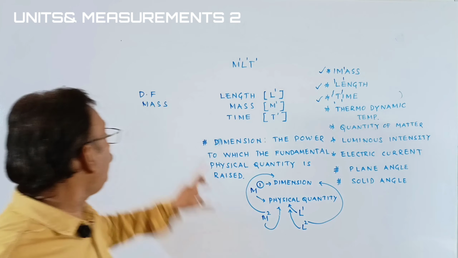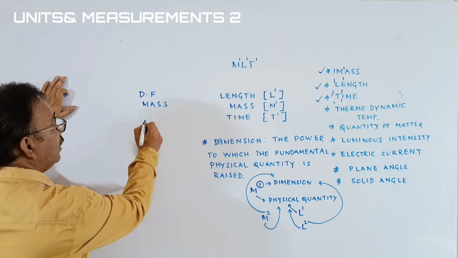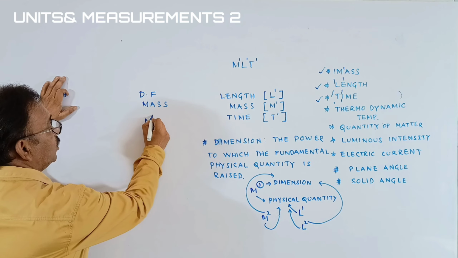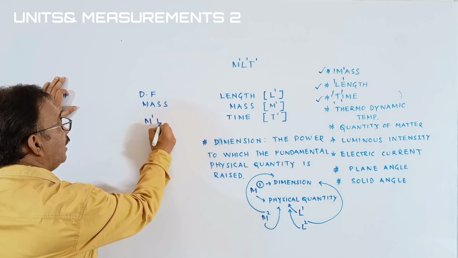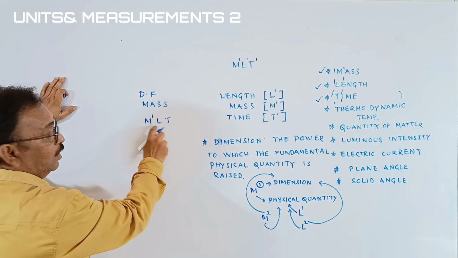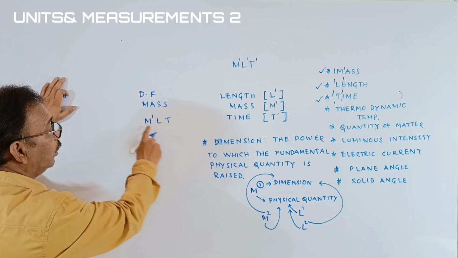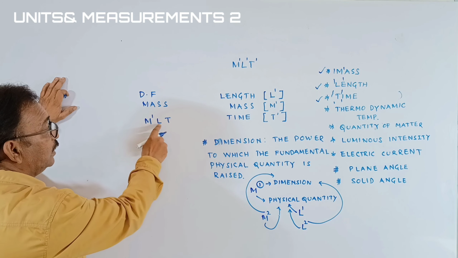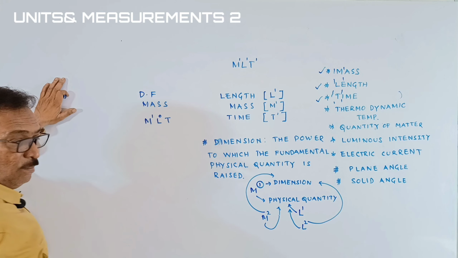Okay, students, I'm writing the dimensional formula of mass. Mass, I'm taking the first letter M, its power is 1. Okay, next I'm taking L and T. Generally, we represent a dimensional formula with all the base physical quantities M, L, T. Is there any length in the mass? No. It doesn't depend upon length. Mass is mass only.